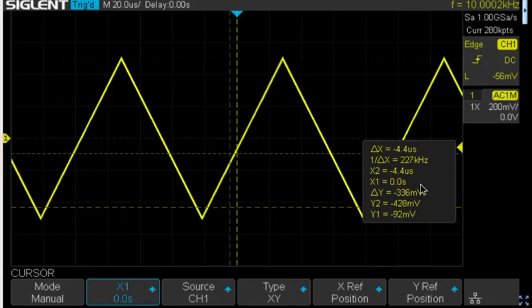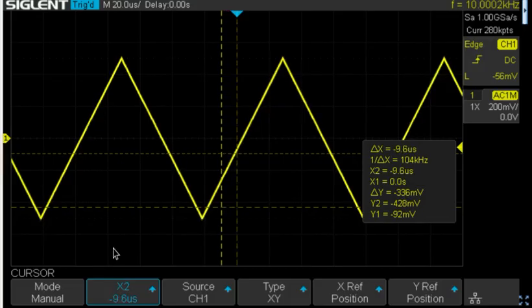And then we're going to select X2. Now notice either up in this little box or down here, see how the time is negative? So we're at minus 10 microseconds. That means the time is negative relative to that 0 axis.